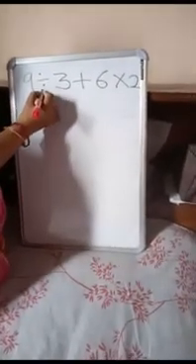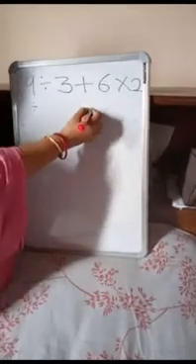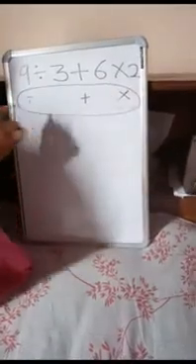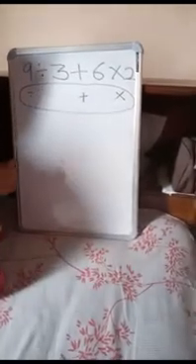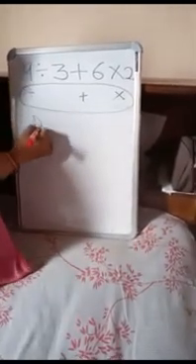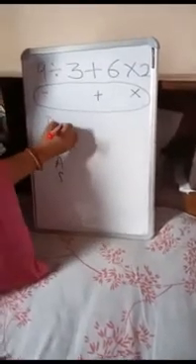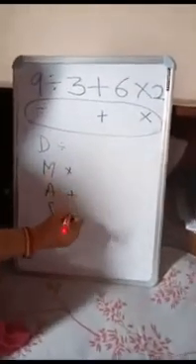First is the division sign, second is the addition sign, and third is the multiplication sign. We have to solve all these 3 operations, but we can do only one operation at a time. So according to the rule of DMAS, that is division, multiplication, addition, and subtraction.